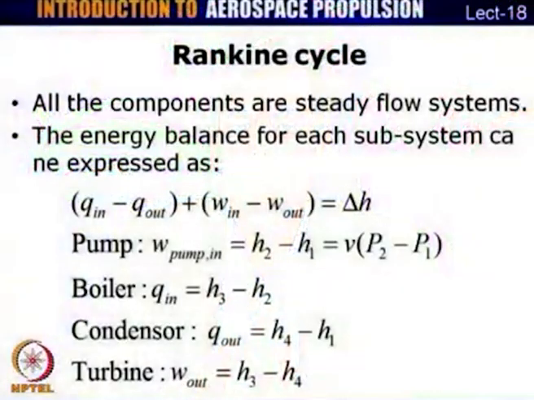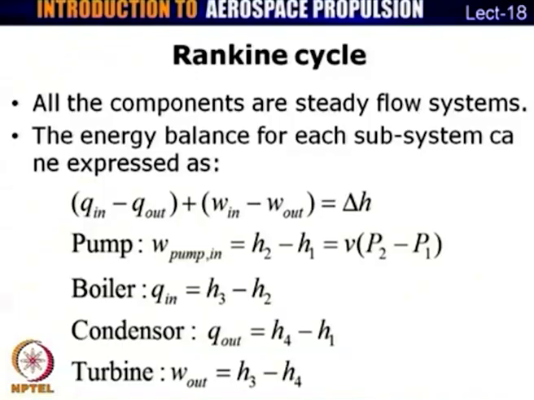So, if we now carry out the energy balance for this particular cycle, we again assume that all the components are steady flow and reversible systems, internally reversible. The energy balance for each of these systems can be expressed as Q in minus Q out plus W in minus W out is delta H. Let us look at each of the components.